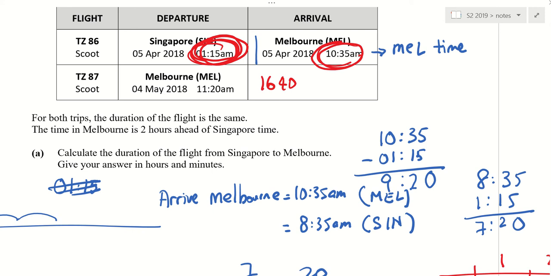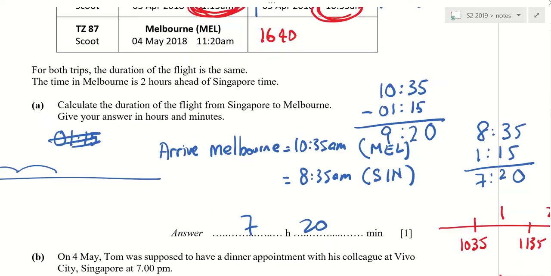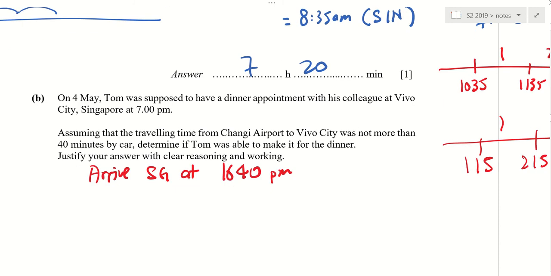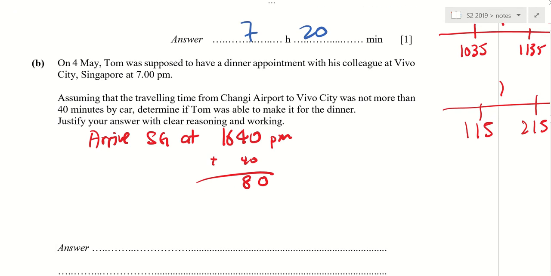Yes. So if I arrive Singapore at 14:40, then how long does he take to go from Changi Airport to the Vivo City? 40 minutes, right? So if I plus 40 minutes, this is 80. How do I plus 40 minutes?